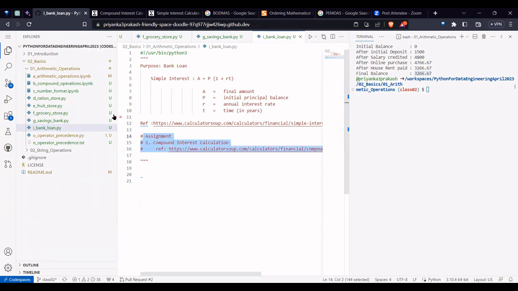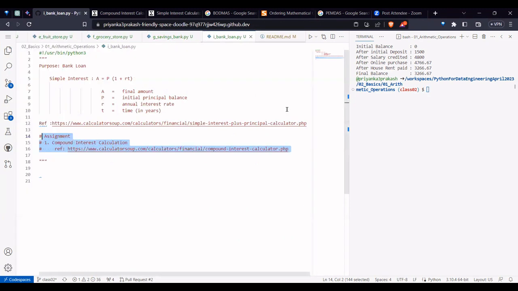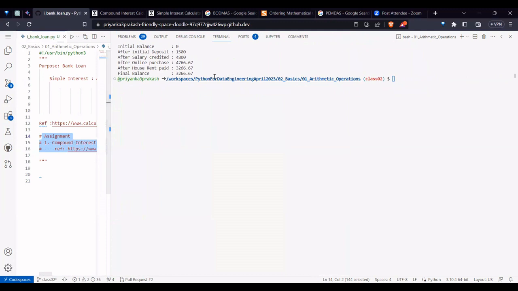Now we have done this much code. Now we need to push this code. Till now I didn't show these options. I will show you now what is this Git and how it works. If you go to the terminal, in any terminal you can see what is the path, and in the braces you can see the Git branch.